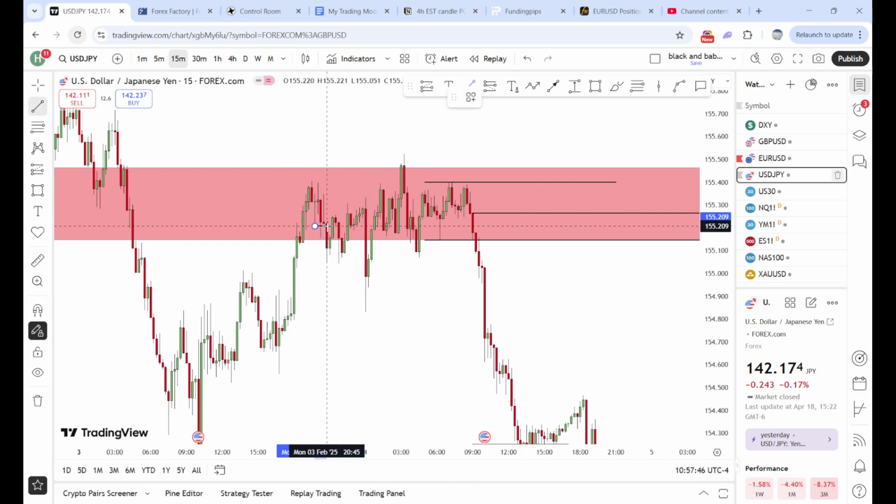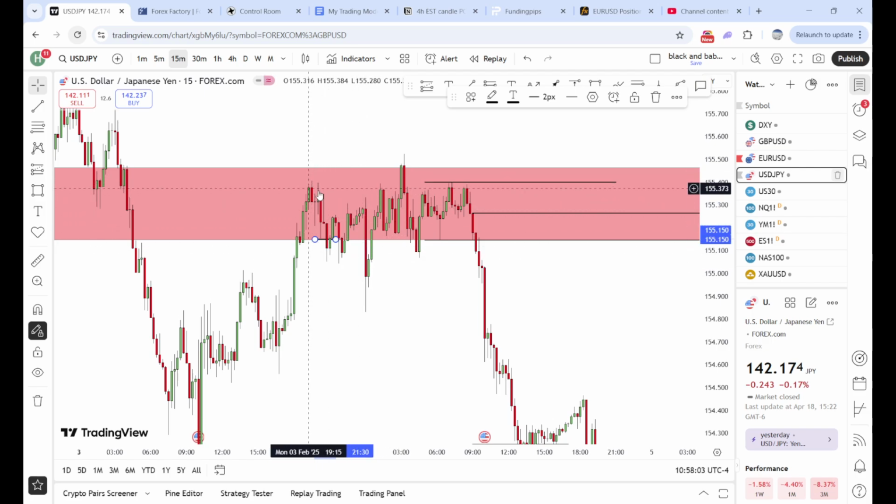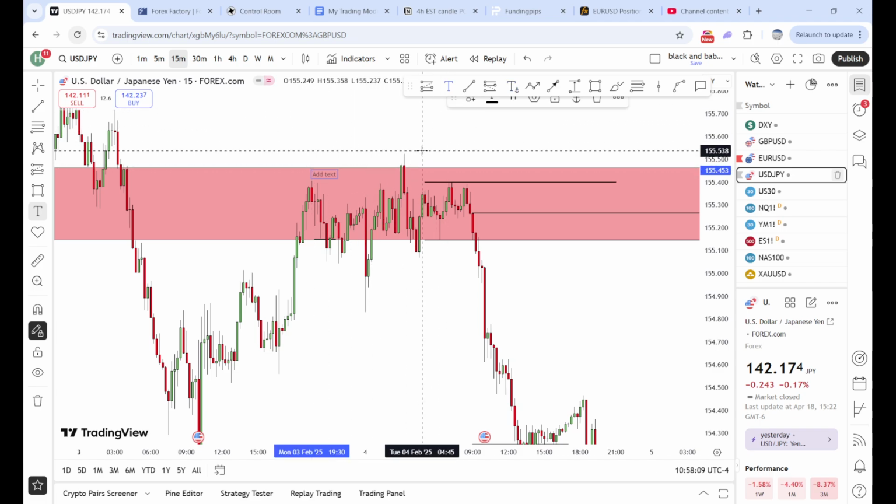So for example, right here, I'm telling y'all, this is a go-to model right here. And then you have this one right here, and price closes below that one, right? With this right here, and then it retraces and comes back. So this becomes a long-term high after a market structure shift.